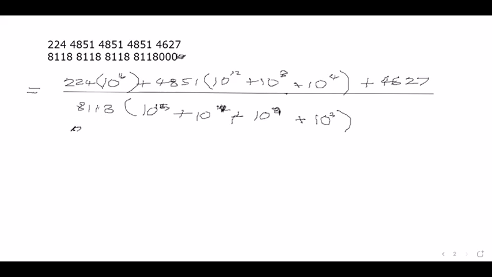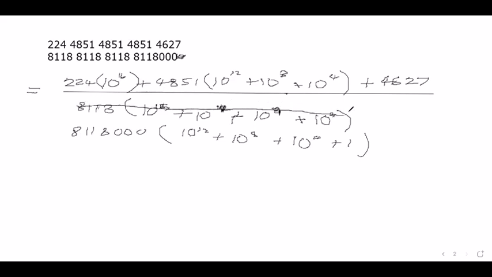Let's just make the thing 8118 and take out the 3 zeros which are troubling us, and make this 10 to the power of 12 plus 10 to the power of 8 plus 10 to the power of 4 plus 1. I'm removing the 10 cubed from this and absorbing it into the 8118, right? So if you don't mind, just to save time, I'll replace it like that.